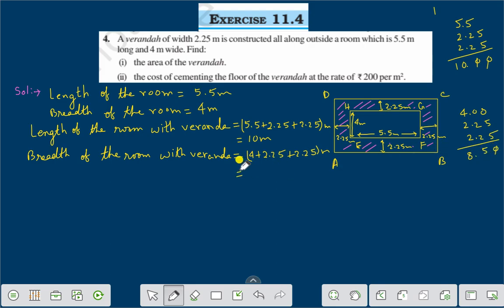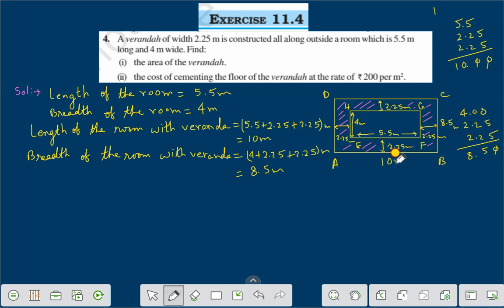This 0 will cut, 8.5 meter. That means the breadth of the room with veranda, that is the length of AD or BC, is 8.5 meter. And the length of AB will be 10 meter.